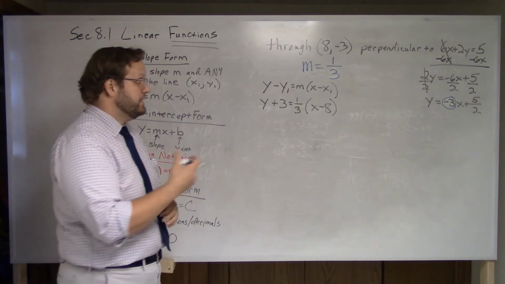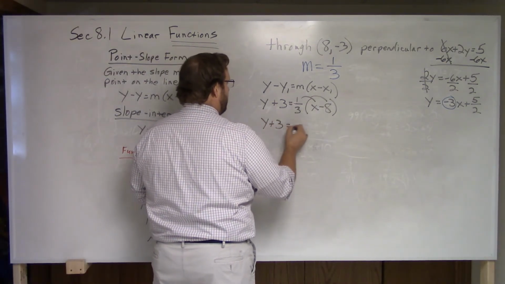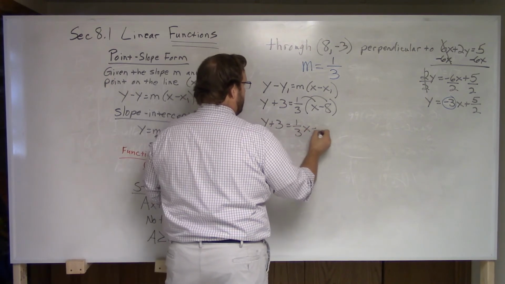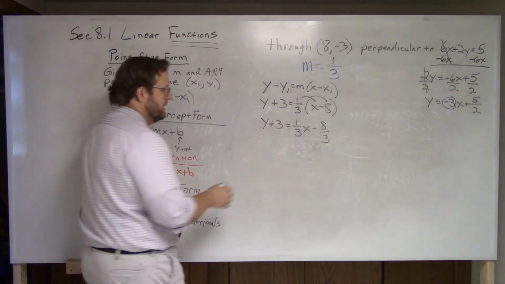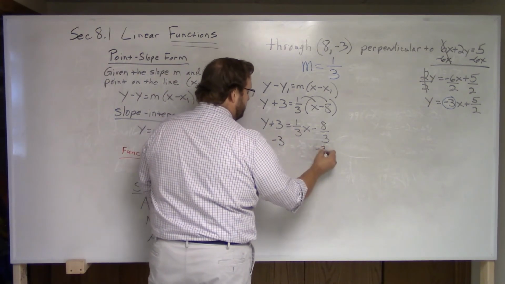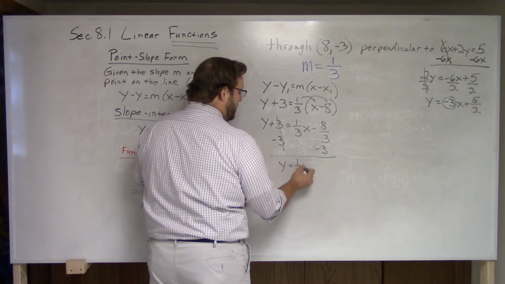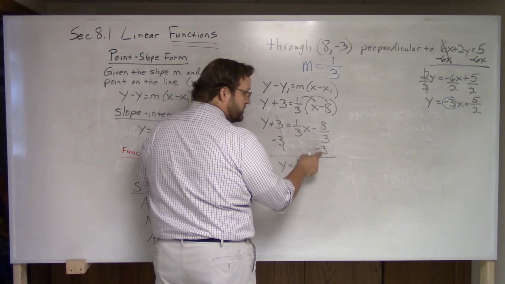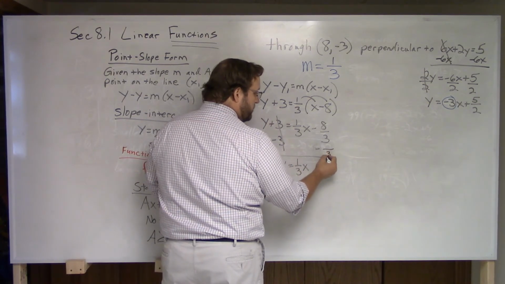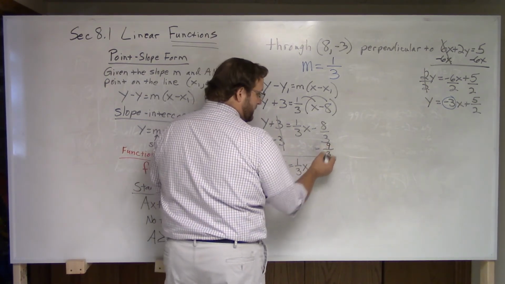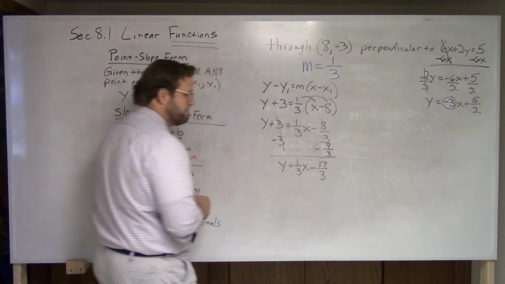I distribute, get an 8/3. I subtract the 3. So y is 1/3 x. Now again, this 3, I'm going to think of as thirds. 3 times 3 is 9. So I have negative 17 thirds.